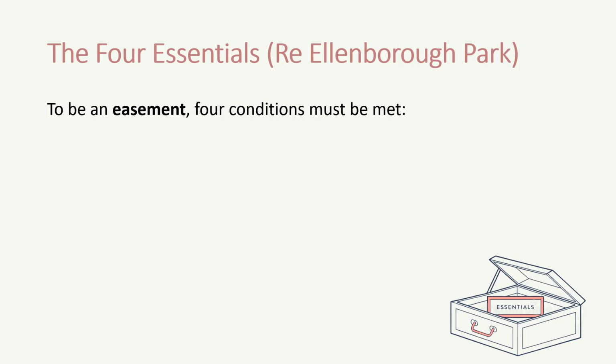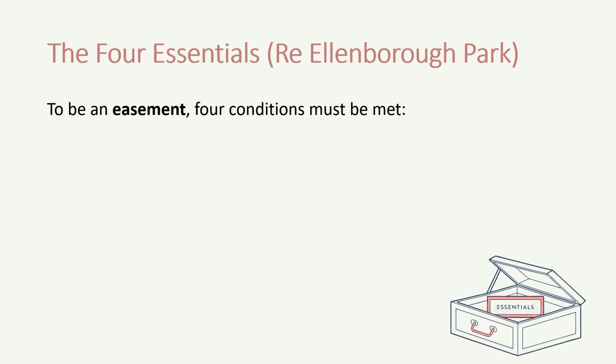Now, this is where it gets a bit more tricky. In the case of Re Ellenborough Park, it's been decided that an easement needs to have four really essential aspects or conditions that need to be met in order for it to count as an easement.